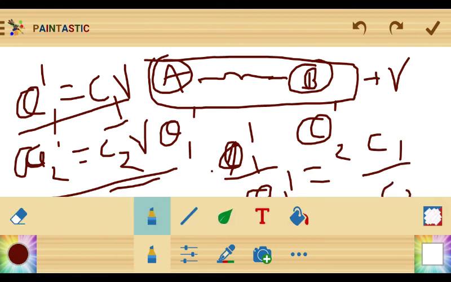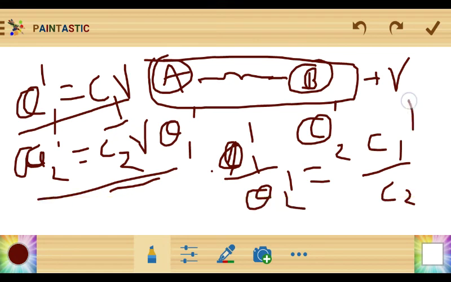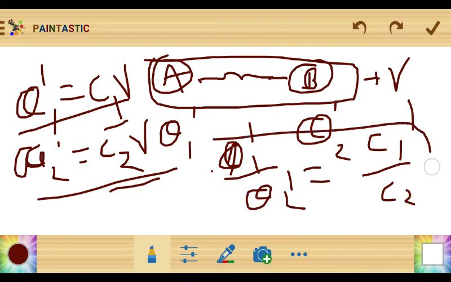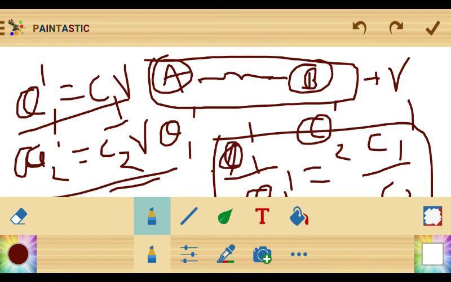So what you can conclude is, when the conductors are joined, the charge gets distributed in the ratio of their capacitance. This is a very important conclusion. Okay, remember, when the conductors are joined, then the charge gets distributed in the ratio of their capacitance. You can write this out as the conclusion.